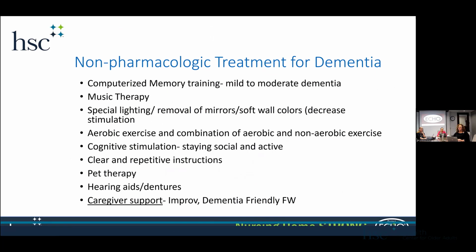So for non-pharmacologic treatments, for mild to moderate dementia, there are some memory trainings that we can do to help with some of the progression of the memory problems. Sometimes that helps slow down the disease process. There's also music therapy.